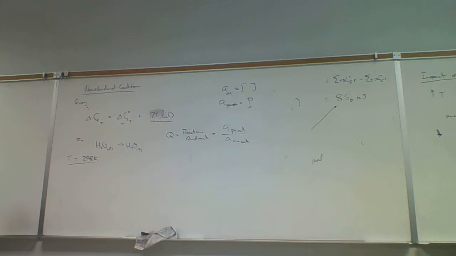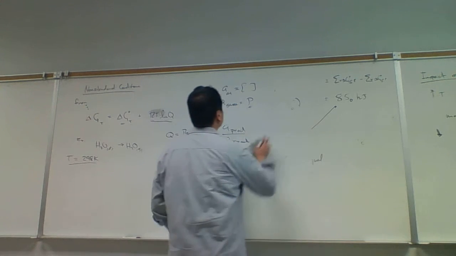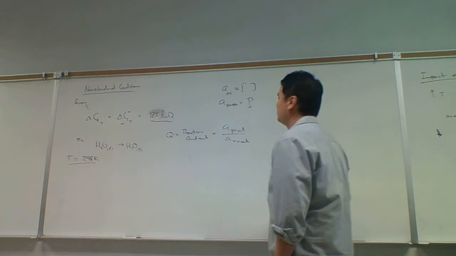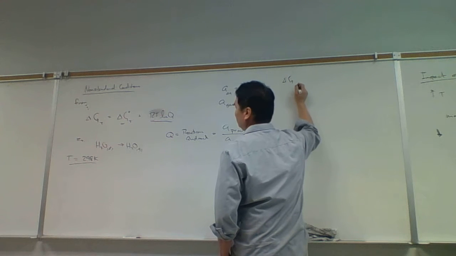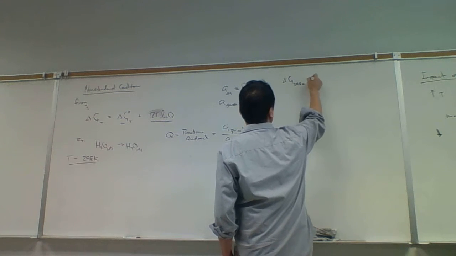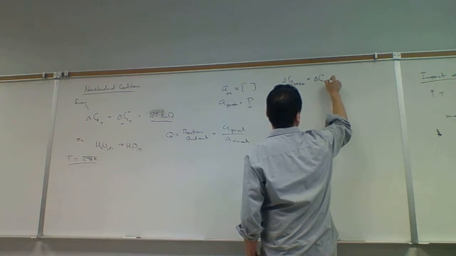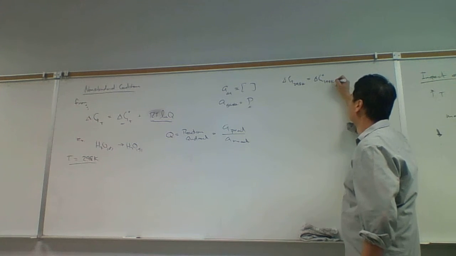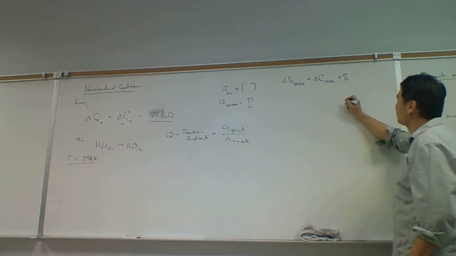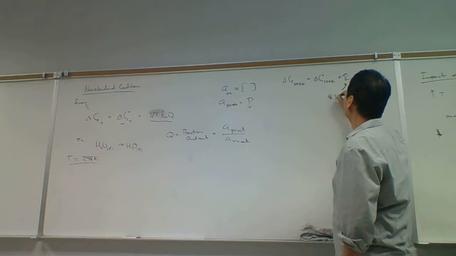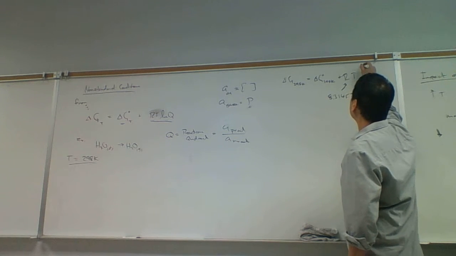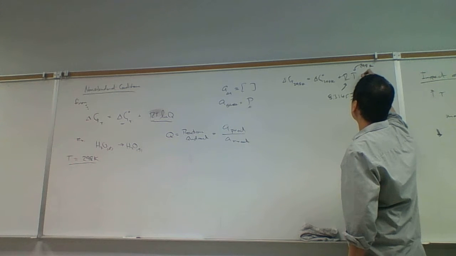If the temperature is 298 Kelvin, then for non-standard conditions, our delta G at 298 under non-standard conditions is equal to delta G at 298 Kelvin under standard conditions plus R, our thermodynamic gas constant, which is 8.3145 joules per mole Kelvin, times T, where T is 298 Kelvin, times ln of Q.